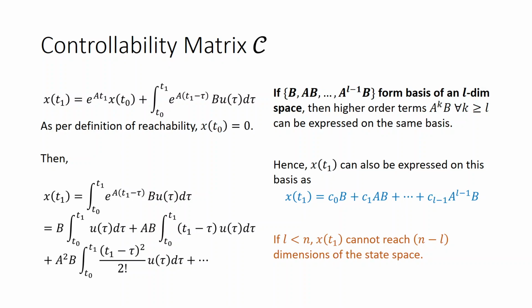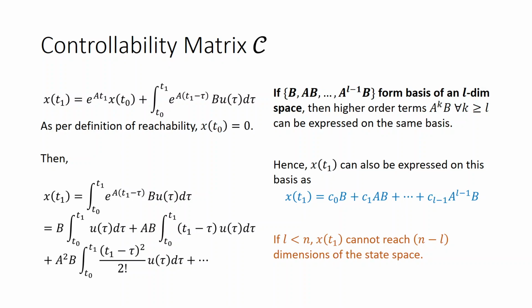This we can only do for linear time invariant systems and for discrete time systems where the state matrix is non-singular. Another point is that though we are checking for the reachability condition, the condition comes in the form of a matrix which we call the controllability matrix.